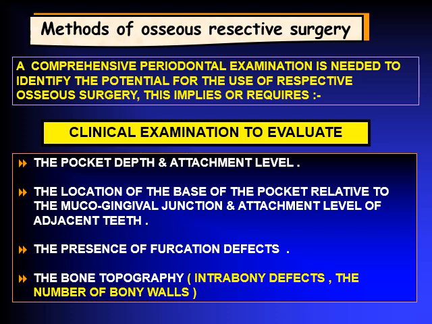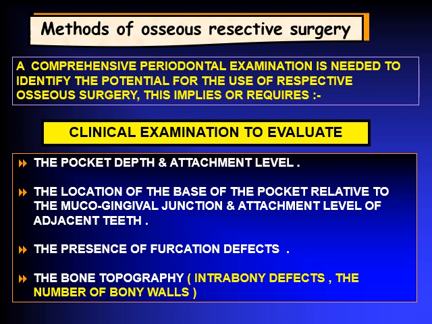First, the clinical examination: the pocket depth, attachment level, the location of the base of the pocket related to the mucogingival junction, attachment level of the adjacent teeth, the presence of furcation defects, and the bone topography.